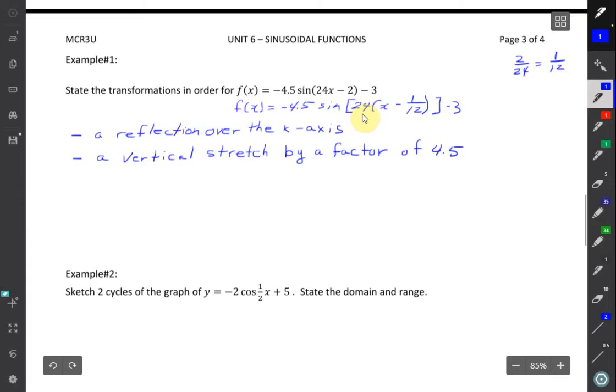The K value is 24. So this is a horizontal compression. Remember, these have the opposite effect. This is a horizontal compression by a factor of 1/24.